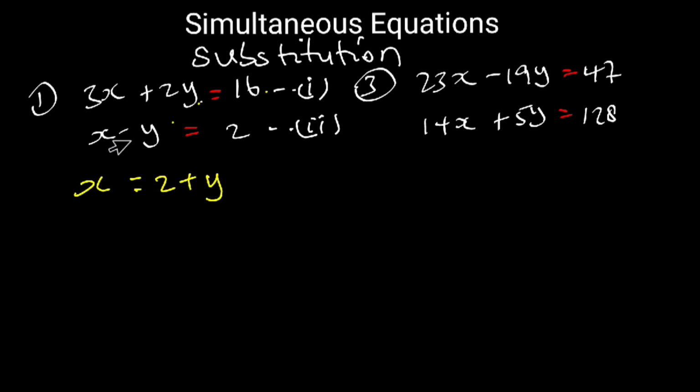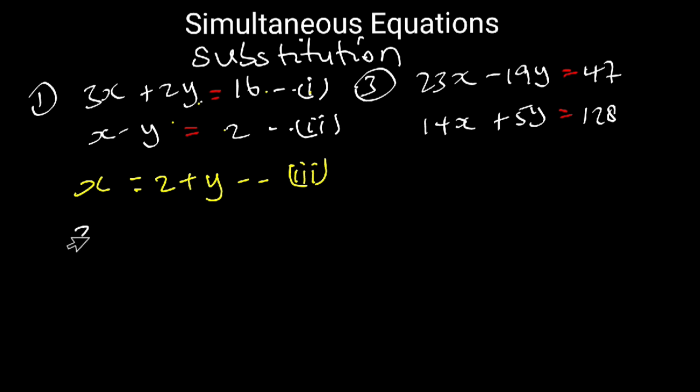When this minus y crosses here, it will turn to plus y. Let's call this equation 3. So I'm going to plug equation 3 into equation 1. Anywhere we see x, we plug in 2 plus y.